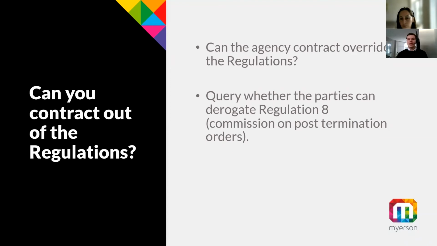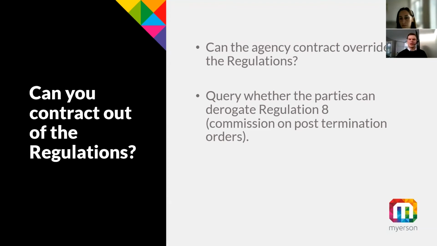In fact, many agency agreements have clauses that will try to exclude pipeline commission on orders that come in after the agency terminates, even where those orders are likely to be attributable to the agent's performance during the agency. So just to conclude on this point, whether or not pipeline commission can be excluded by an agency contract hasn't actually been formally considered by the courts.